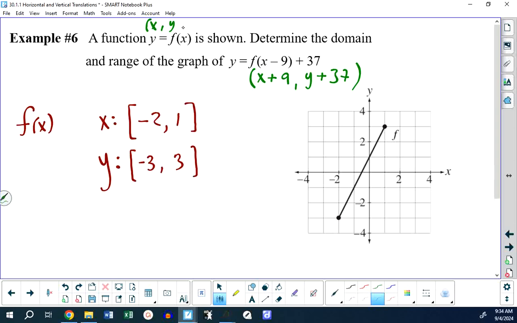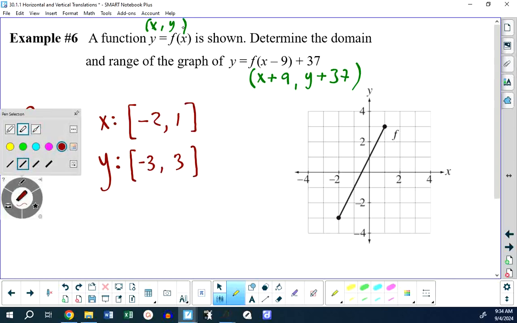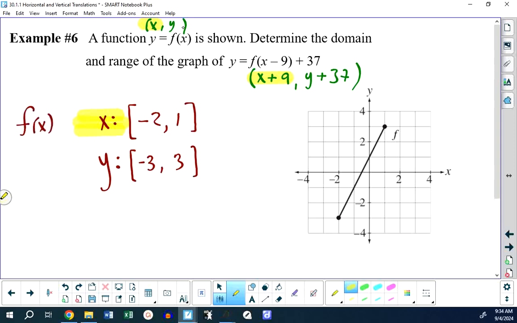Now be careful here, I'm talking about mapping, which is x comma y, but when we take a look at negative 2 comma 1, these numbers are both x's. So for that part of the mapping, we're going to apply it to all of the x's. We're going to apply it to the minimum of negative 2 and the maximum of positive 1. So we're going to add 9 to both of them.